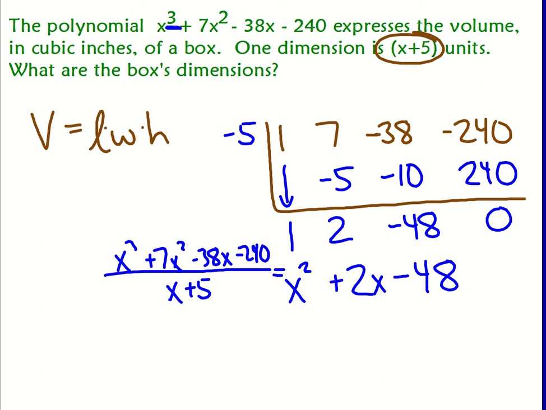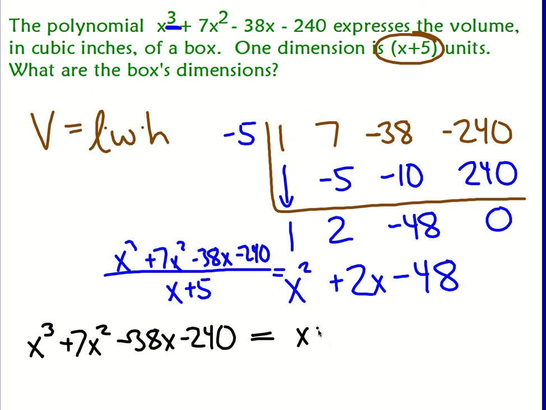I can also rewrite that as a multiplication problem to say that the original volume of a box, x cubed plus 7x squared minus 38x minus 240, equals x plus 5 times x squared plus 2x minus 48.